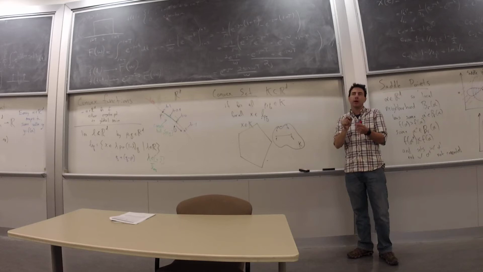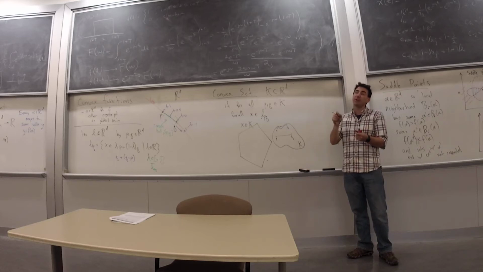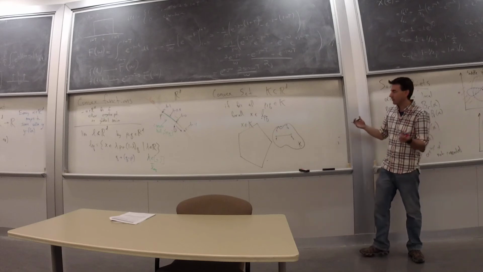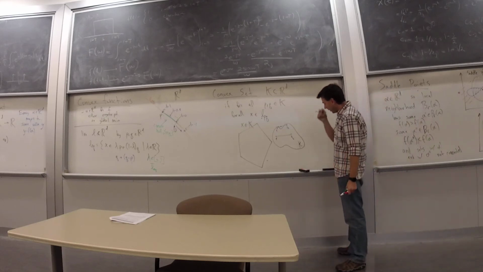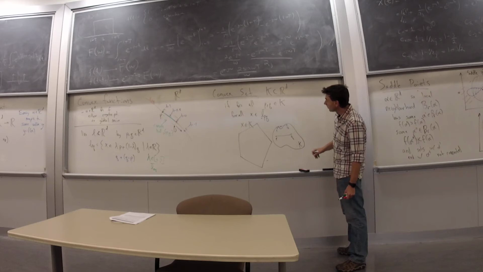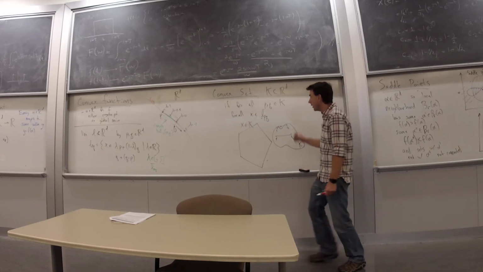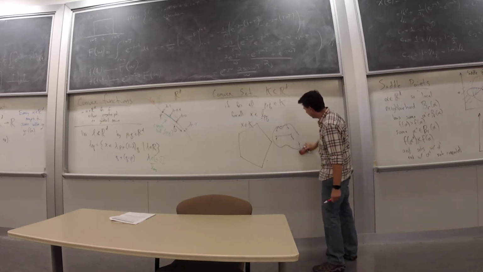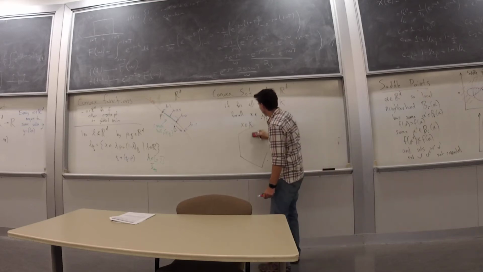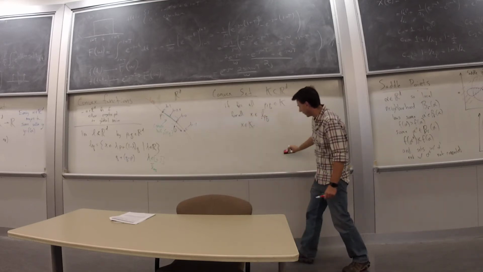But with an LP ball with P greater or equal than 1 it is convex, while the LP ball with P equals 1/2 is not convex, as it turns out. Okay, this is a convex set.